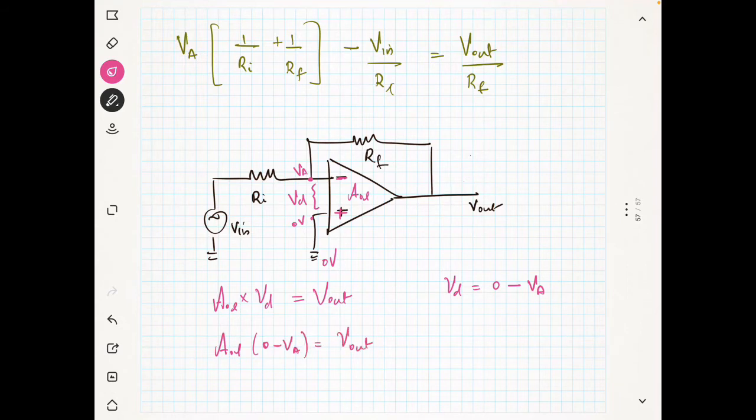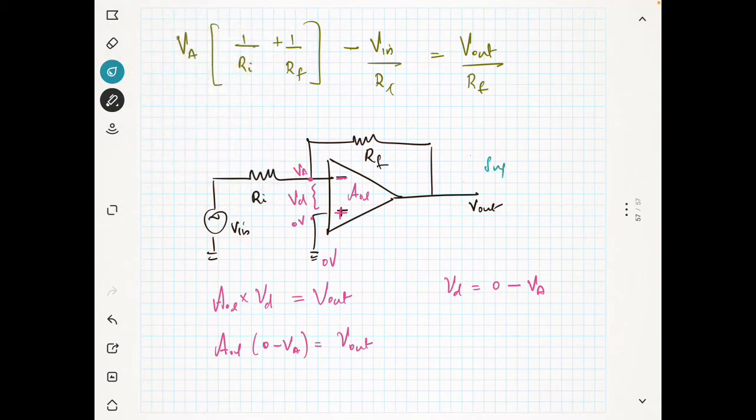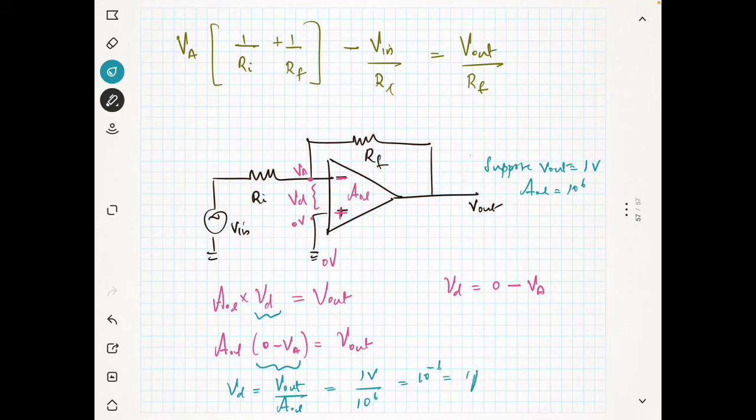Let us assume that my output was 1 volt, and the gain of the op amp was 10 power 6. Then VD is equal to V out divided by AOL, 1 volt divided by 10 power 6, so it is 10 power minus 6, which is nothing but 1 microvolt.